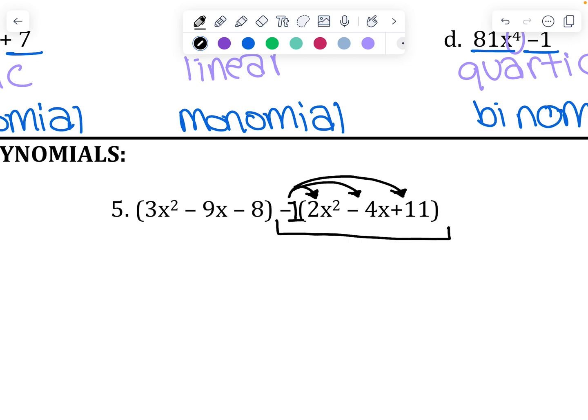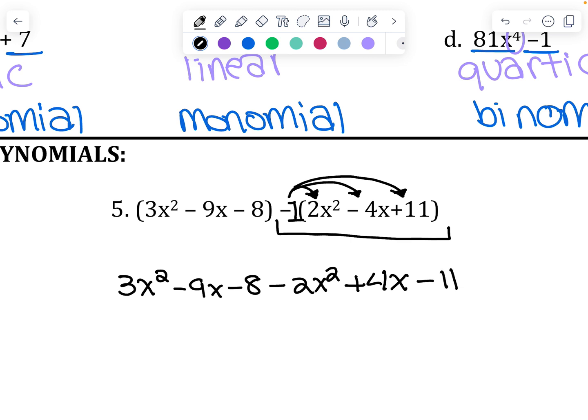My first parentheses in front of my minus sign, I can write as is because nothing's being multiplied in front. So I can write 3x squared minus 9x minus 8. But then once I distribute a negative 1, this becomes minus 2x squared plus 4x minus 11. So really when you distribute, it changes the sign that was originally inside the parentheses.